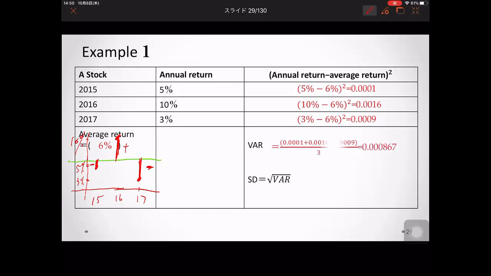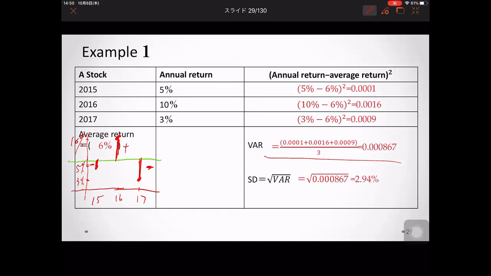Variance is just the average of the squared deviations. We calculate the average of the squared deviations, and we get that the variance is 0.000867. Then for standard deviation, just take the square root of the variance.